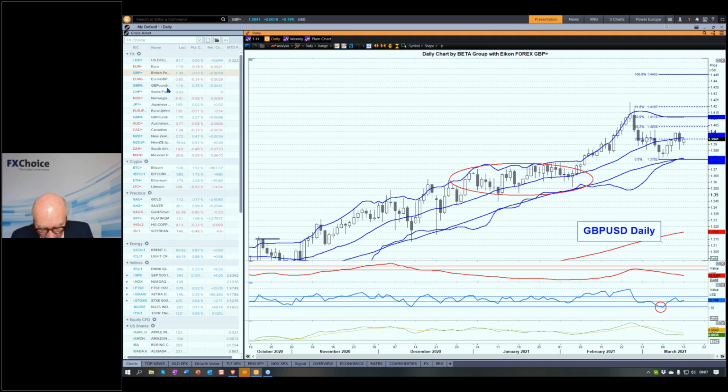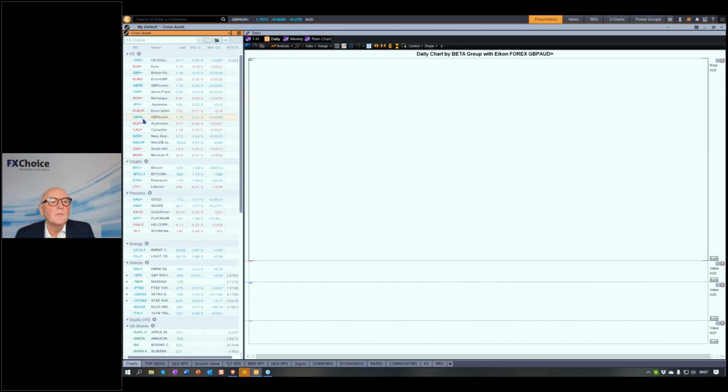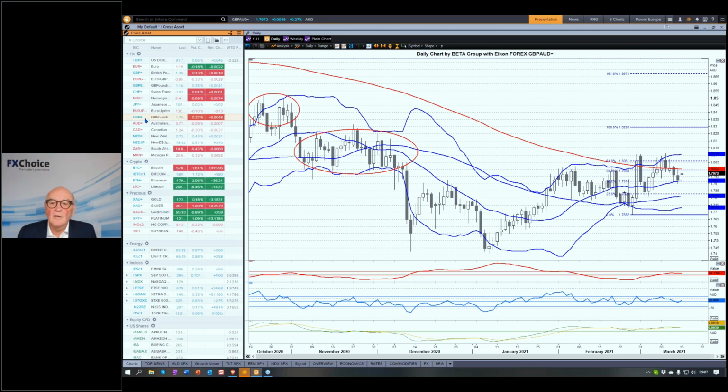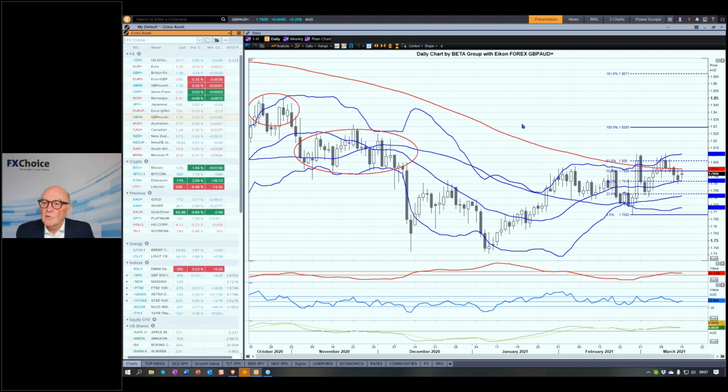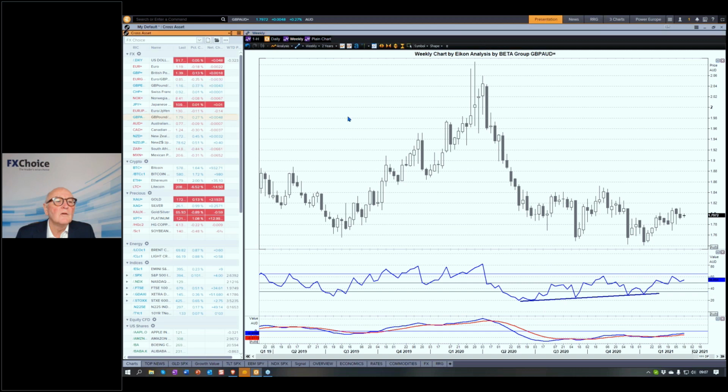The next one I'd like to look at is sterling versus the euro. And this is really, remember how sterling was over on the right on the RRG chart and the euro was on the left, not furthest to the left, but it was on the left. Here is the weekly.